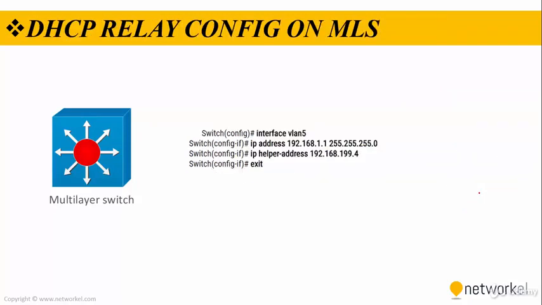Let's take a look at how we can configure the DHCP relay on MLS2. To configure a DHCP relay, we go under the interface VLAN mode. We are defining an IP address again, which is 1.1, as the IP address of the multi-layer switch, and I'm defining an IP helper address.